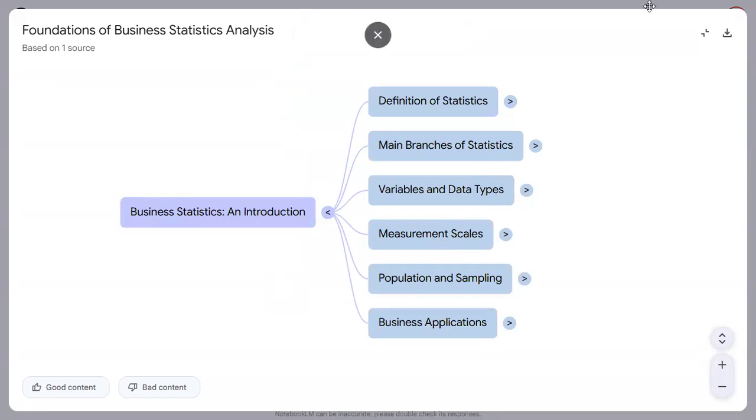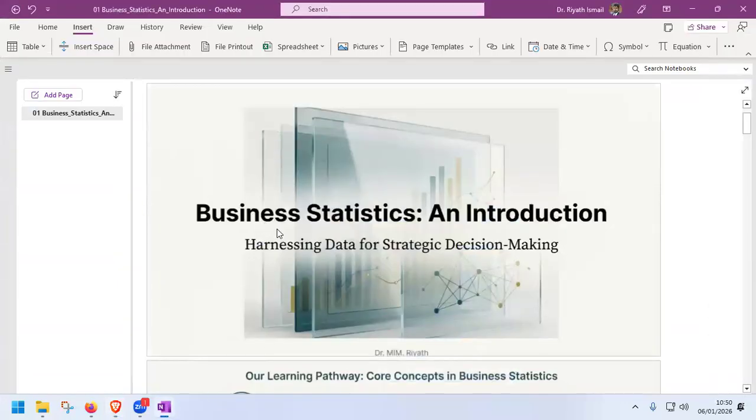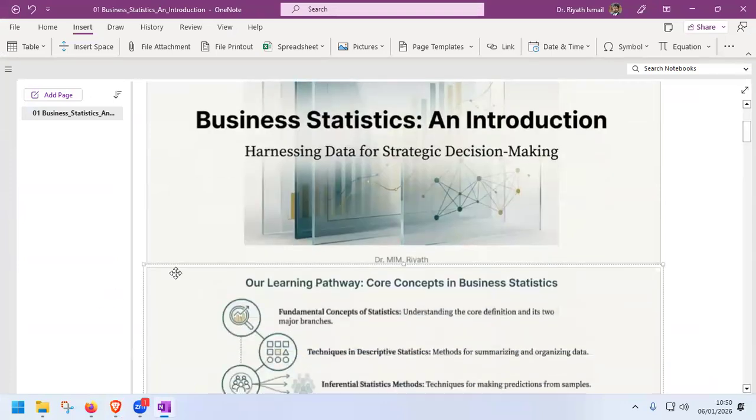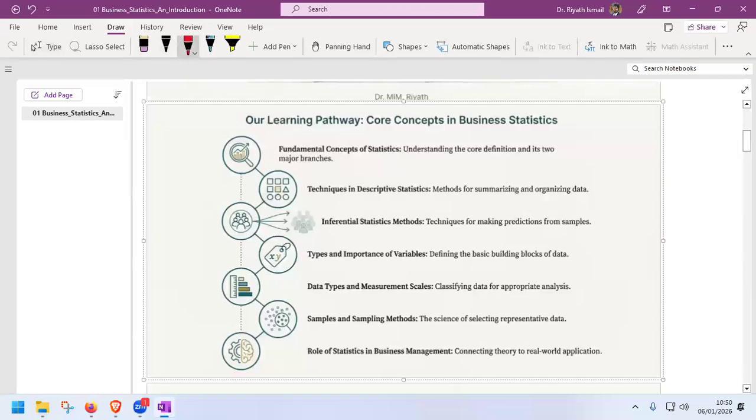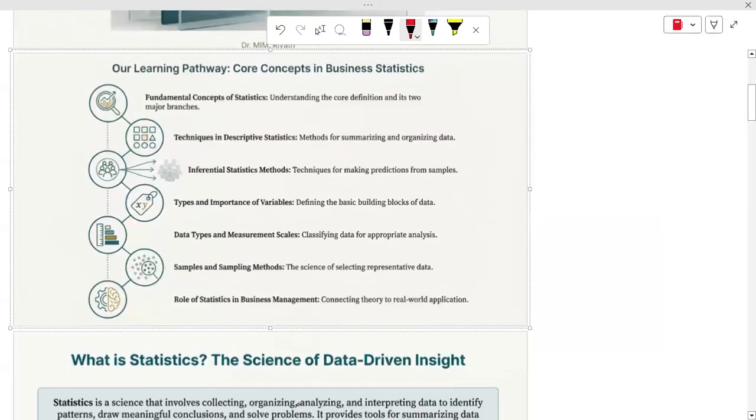Right. Now I move to the slides. Business statistics: an introduction, harnessing data for strategic decision making. As I told you earlier, we will study here the learning pathways.